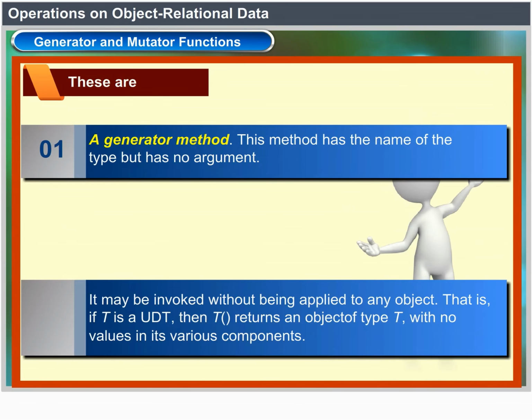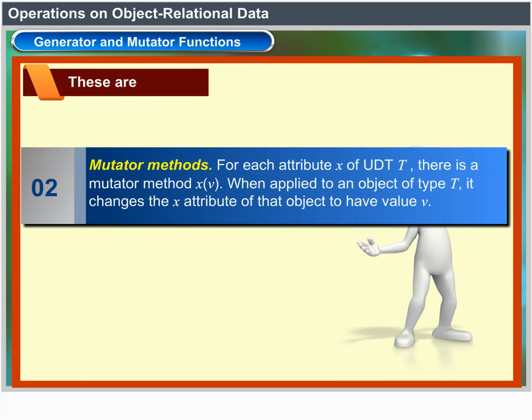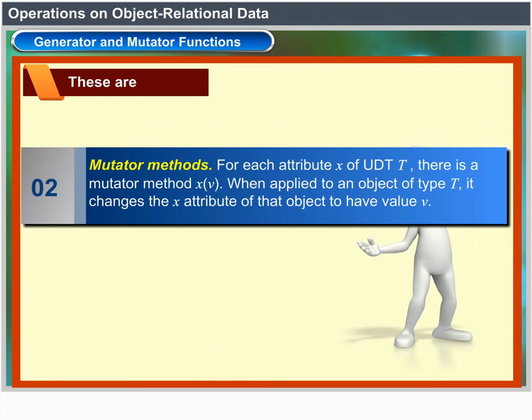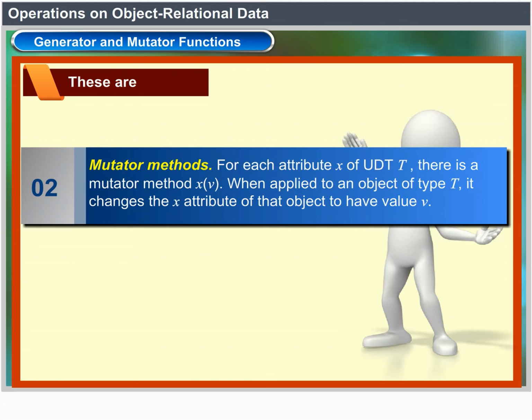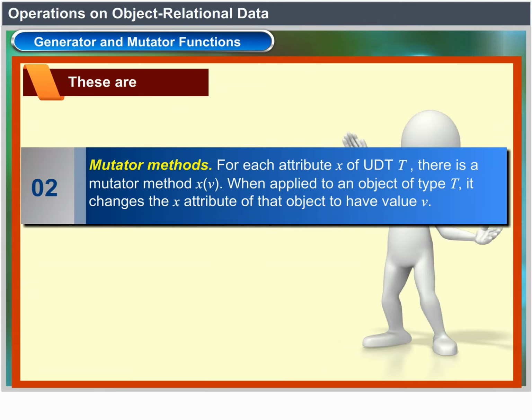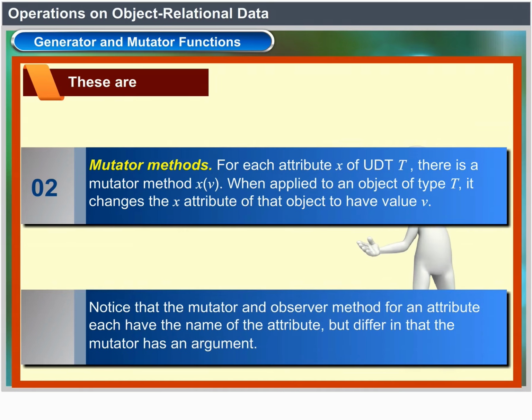That is, if T is a UDT, then T() returns an object of type T with no values in its various components. Number 2, mutator methods. For each attribute X of UDT T, there is a mutator method X(v). When applied to an object of type T, it changes the X attribute of that object to the value v. Notice that the mutator and observer methods for an attribute each have the name of the attribute but differ in that the mutator has an argument.